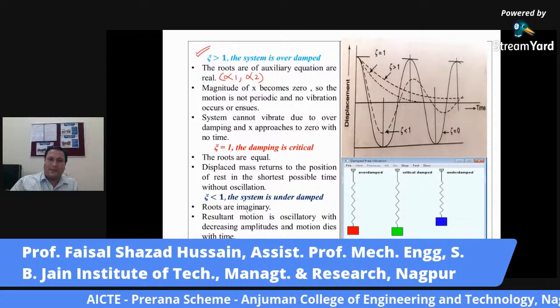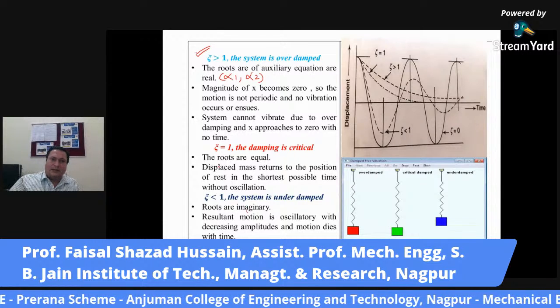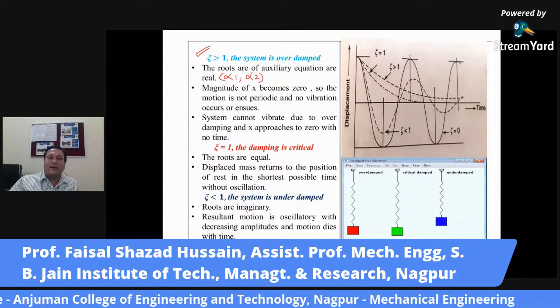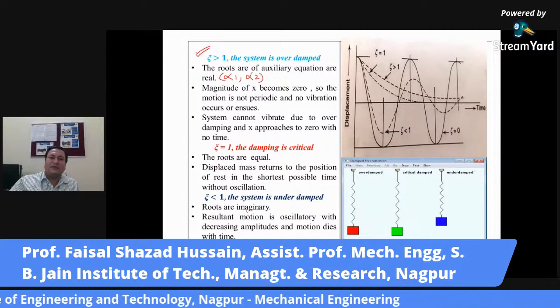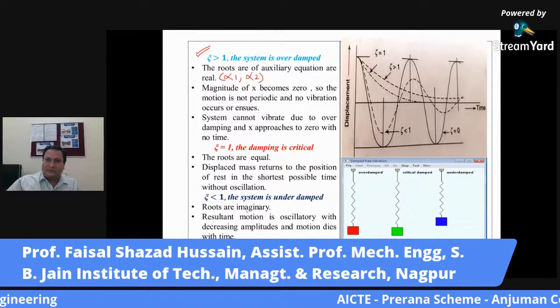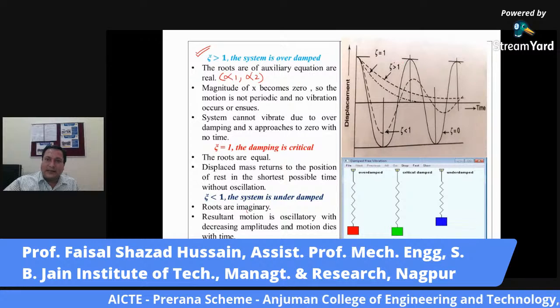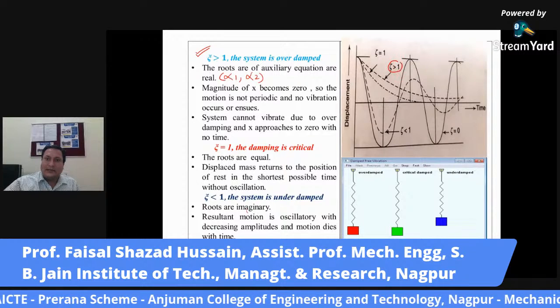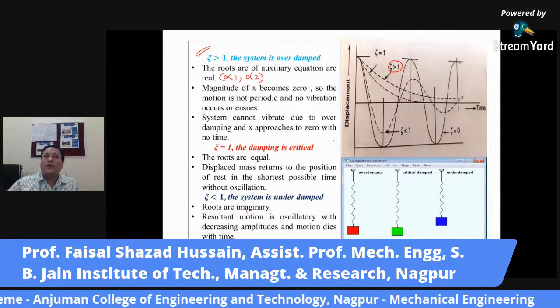Practical example. Similarly, the system cannot vibrate due to overdamping, and x, the amplitude, approaches zero with time. Now see in this graph, when zeta is greater than 1, the system is what? Overdamped.